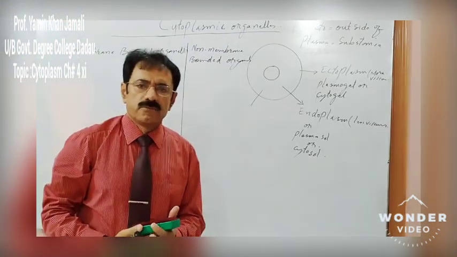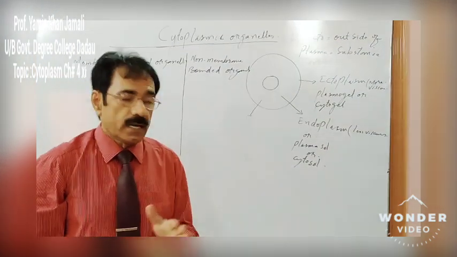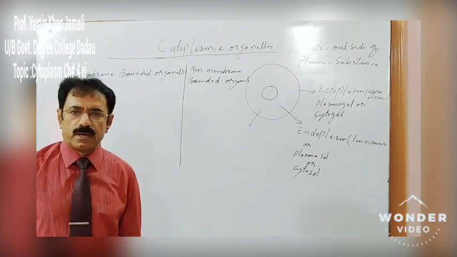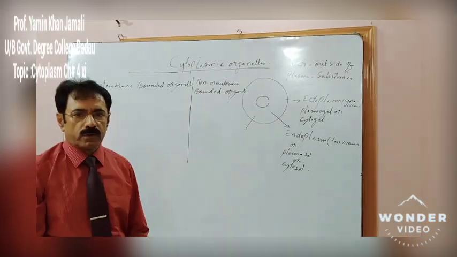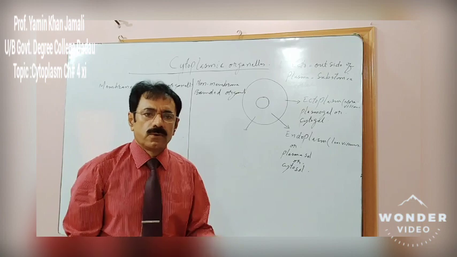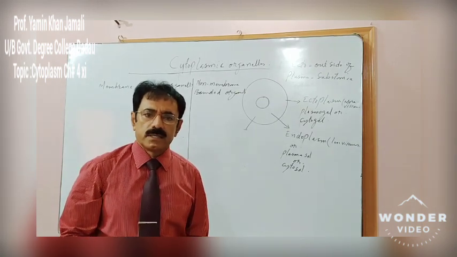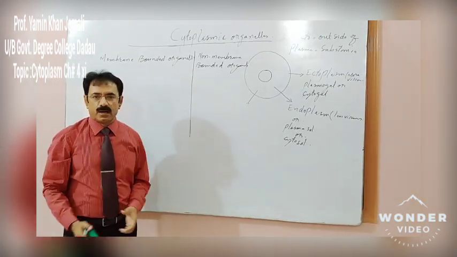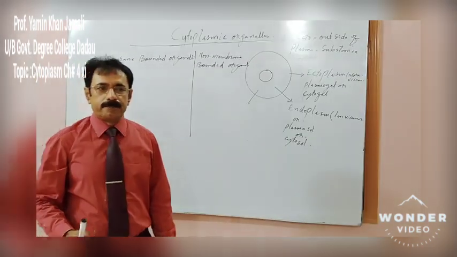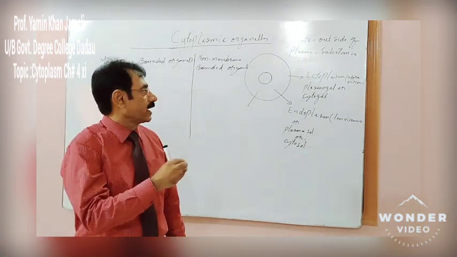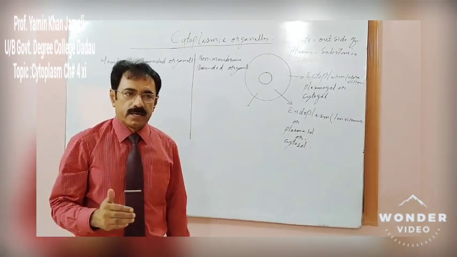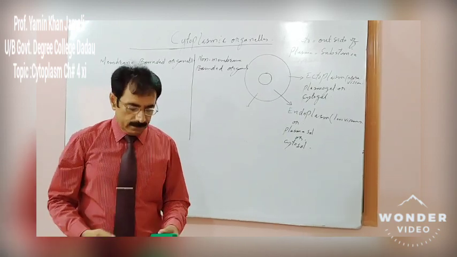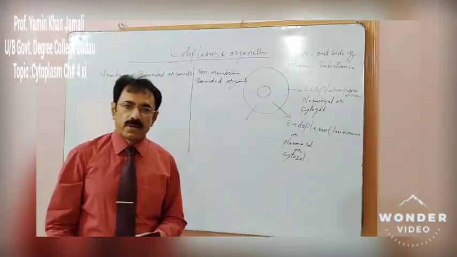Eukaryotic cells have both the membrane bounded as well as the non-membrane bounded organelles. But prokaryotic cells have no membrane bounded organelles, they have only non-membrane bounded organelles. These non-membrane bounded organelles are the ribosomes, which are seen in the prokaryotic cells, while the eukaryotic cells have all types of membrane bounded and non-membrane bounded organelles.